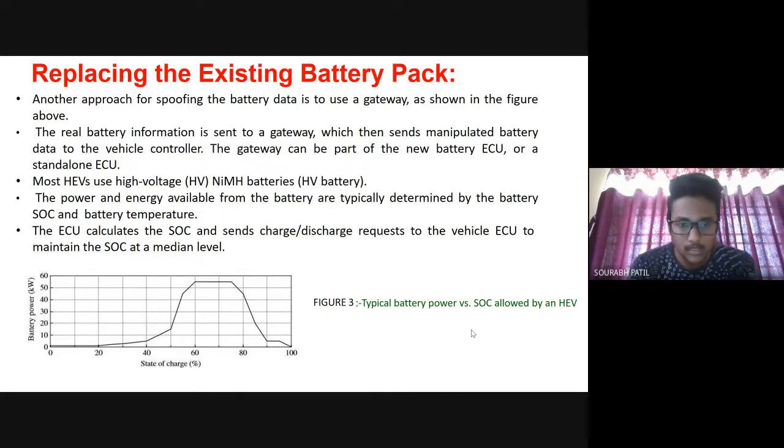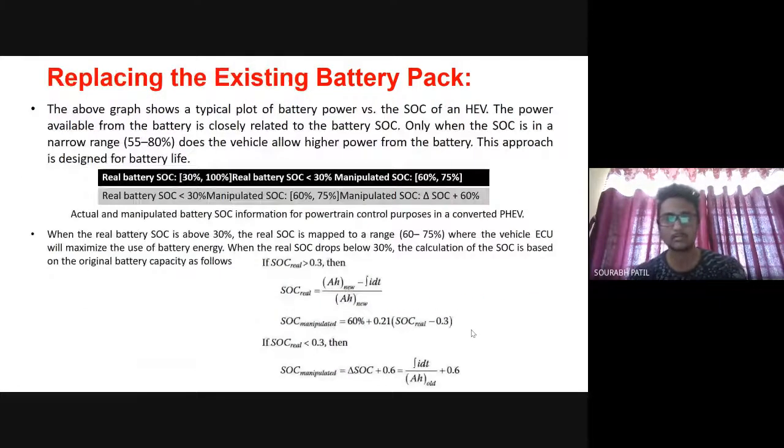When we move from 50% to 80%, we can see that the vehicle gains more power from the battery, because the vehicle can be running in a hilly area or somewhere in the higher regions.